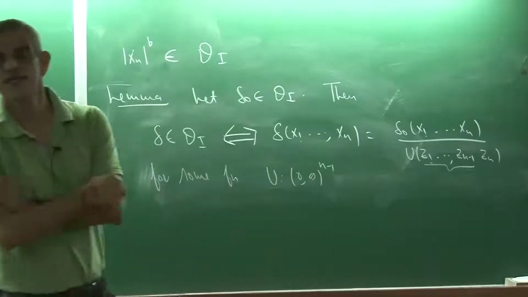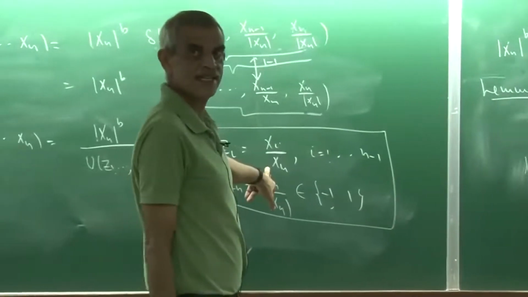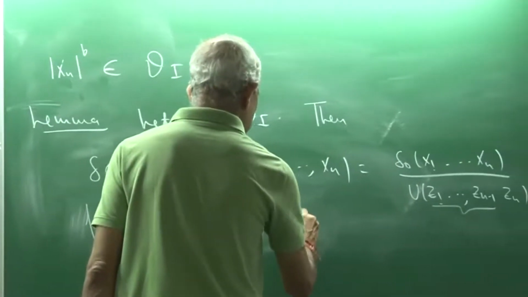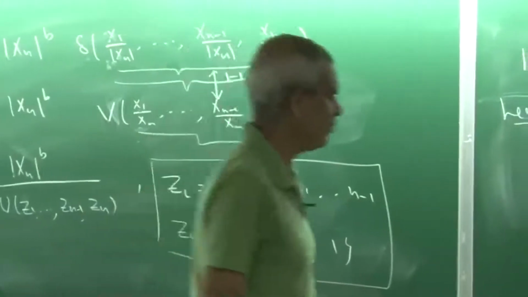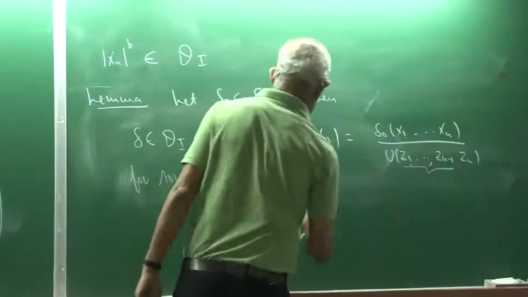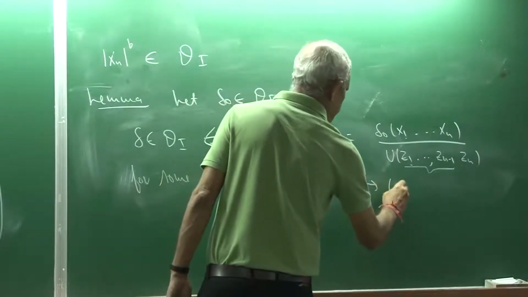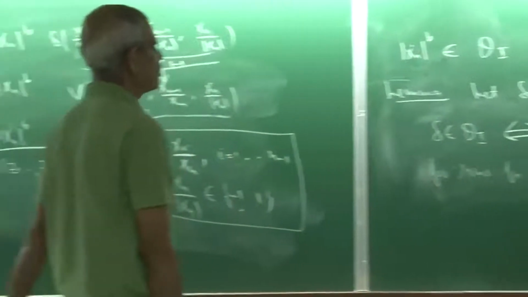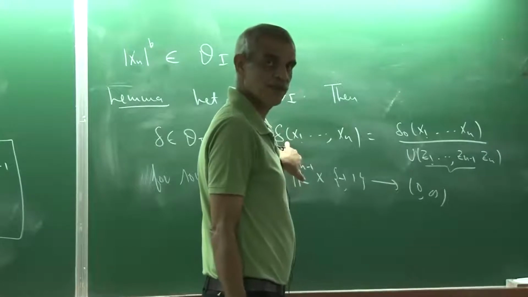Because z1 to zn minus 1 can take values in the range 0 to infinity, cross zn. Zn can take values only minus 1 to 1. So the last argument only takes values minus 1 to 1. And u has to be positive, so u goes 0 to infinity, because delta naught is positive, and I want my delta to be positive because theta to power b is positive.